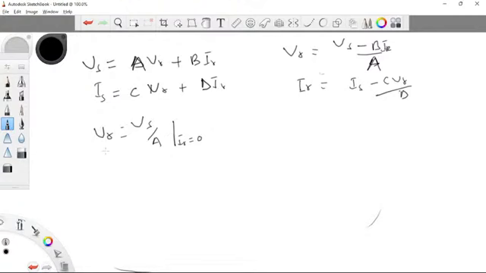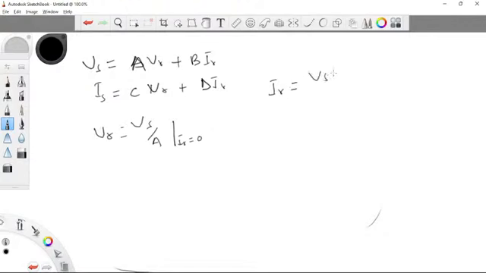If you remember the hybrid parameters or ABCD parameters or any parameters, you can use them to solve it. So we get our IR expression as Vs minus A VR all over B from equation 1, which is the same as Vs over B minus A VR over B.